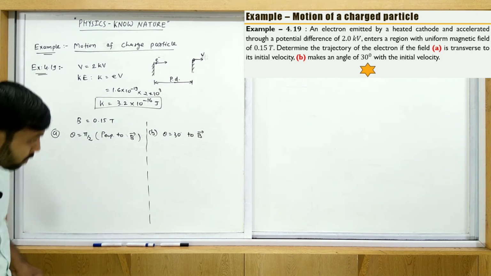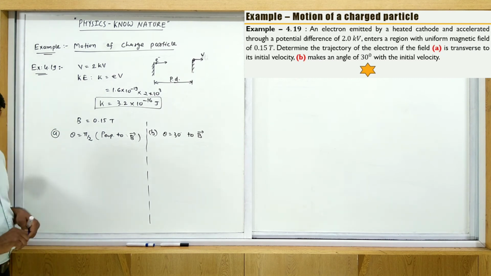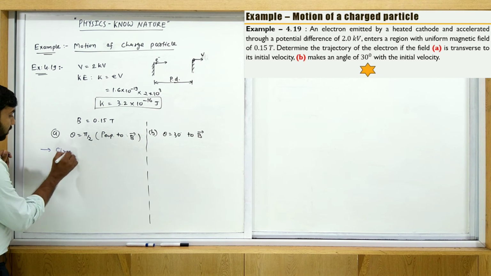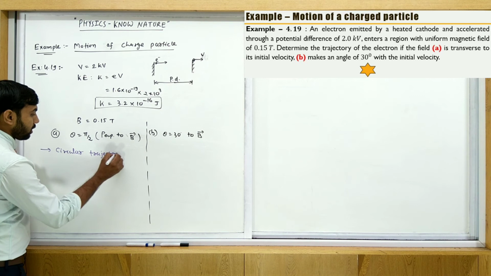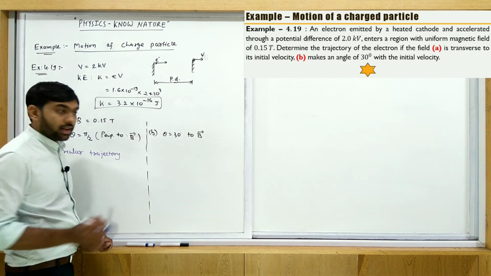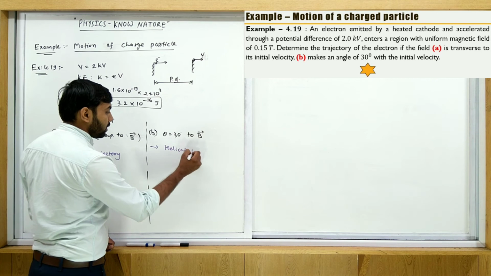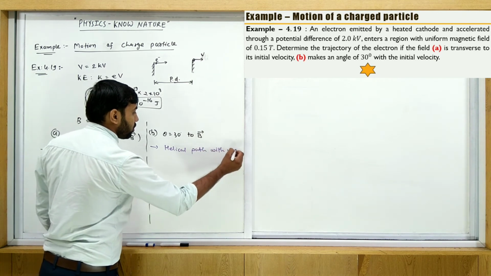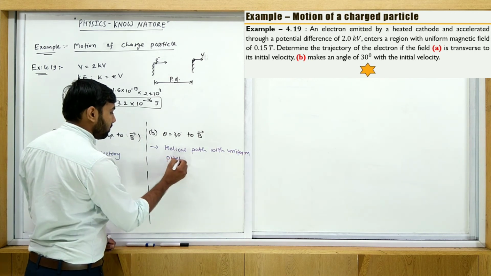We already discussed both those cases. If the perpendicular case is given to you, then the trajectory is circular. And if it is at some angle, then it is a helical path with uniform pitch.